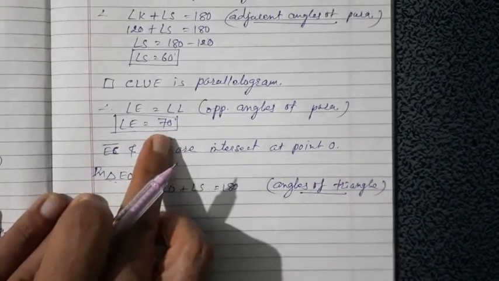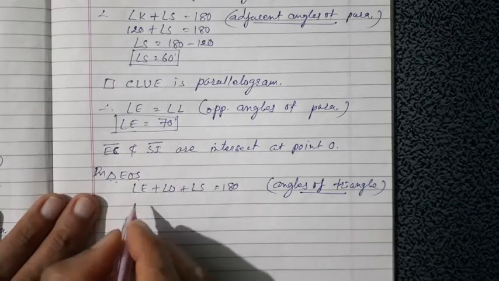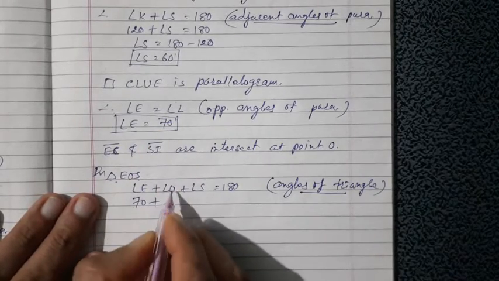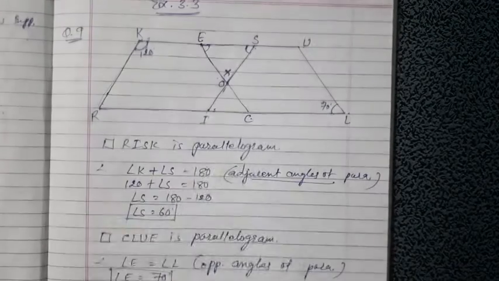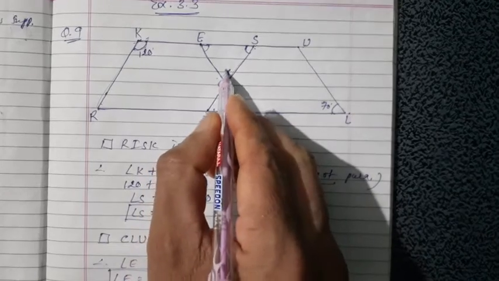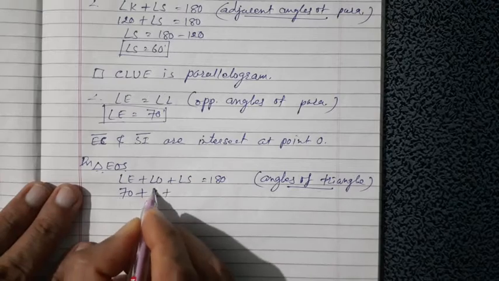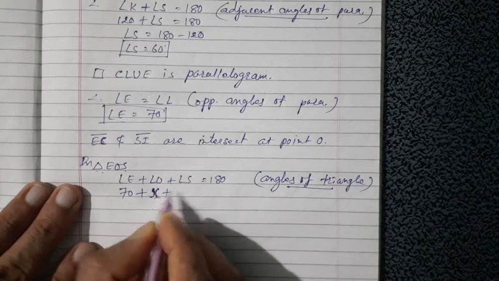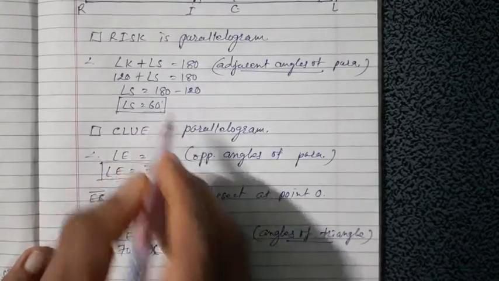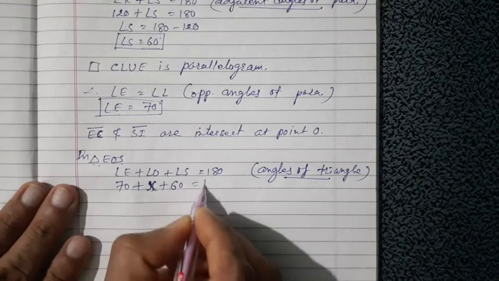Now E is 70 degrees, we already found that. Plus O, look here, O is given, that is x, so write down x here, and S equals 60, we found that.